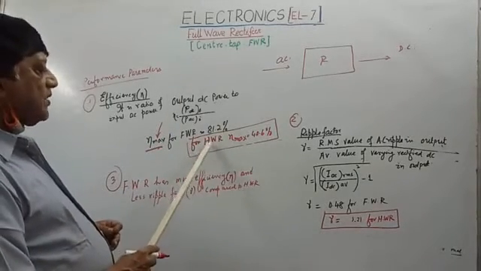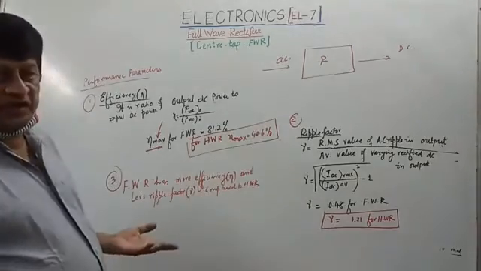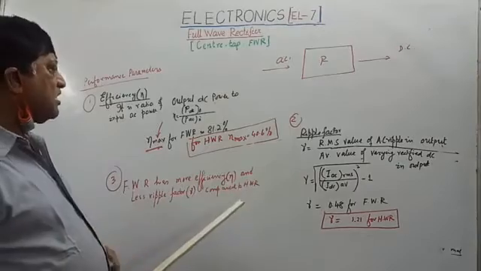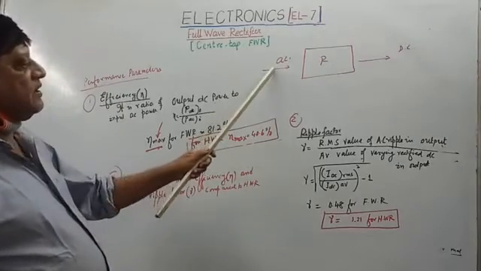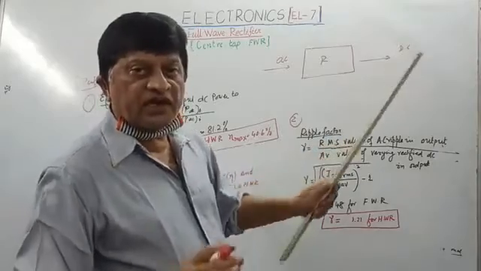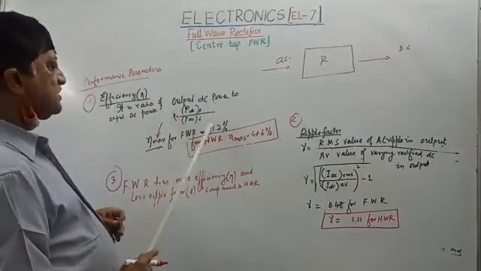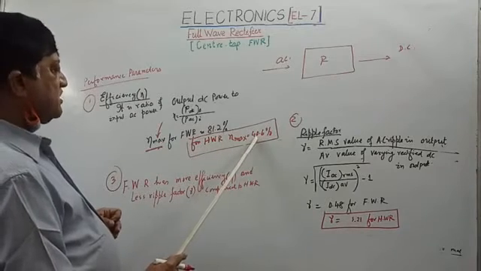Whereas for half wave rectifier, maximum efficiency is 40.6%. So 100% of AC power cannot be recovered as DC power. It cannot be recovered. That's why the maximum value is 81.2%, and for half wave rectifier it is 40.6%.